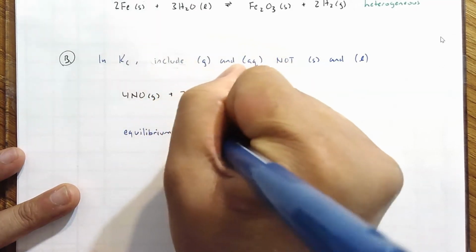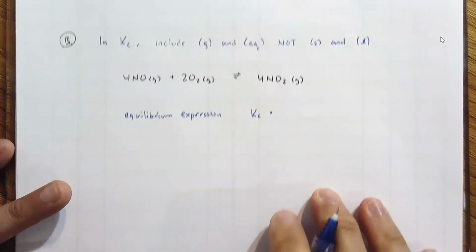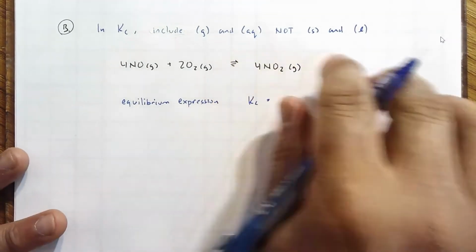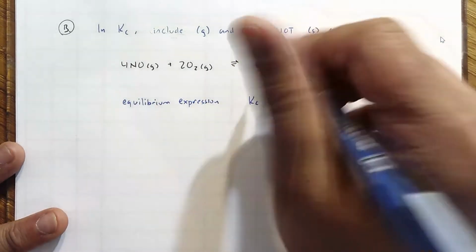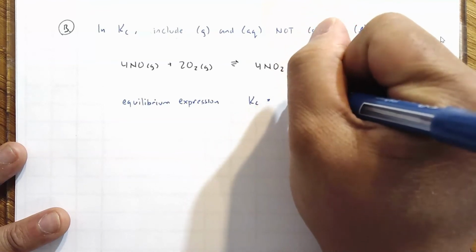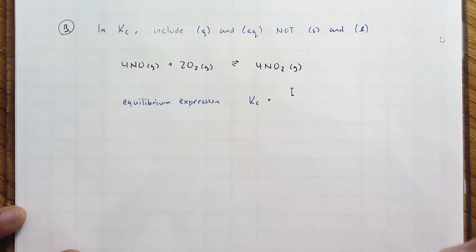What they mean is, what does Kc equal? Following this rule, we include gas and aqueous, not solid and liquid. Everything's a gas. It's products over reactants. You want to test yourself? Go ahead and pause the video and write the equilibrium expression. Then see if it matches mine.